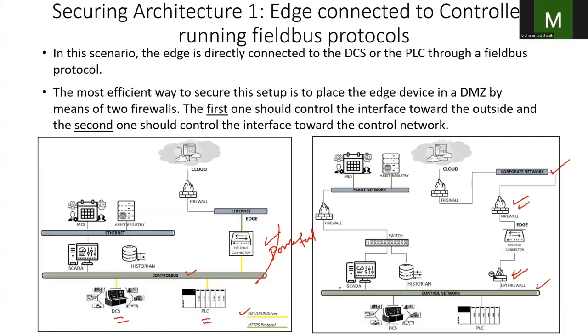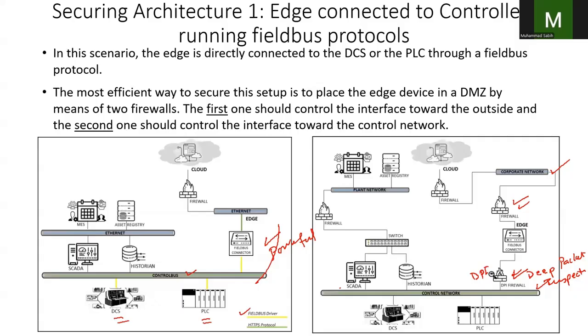It filters and inspects the traffic to the PLCs and DCS using a deep packet inspection firewall, DPI.